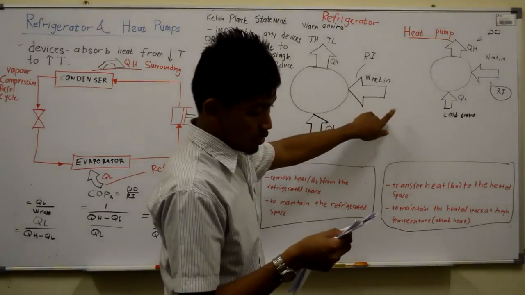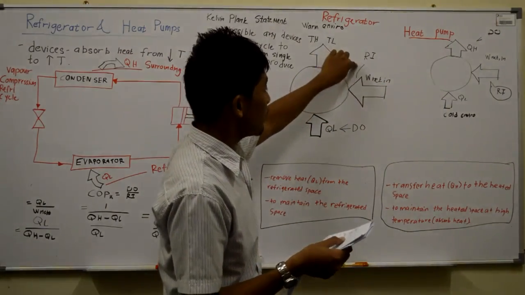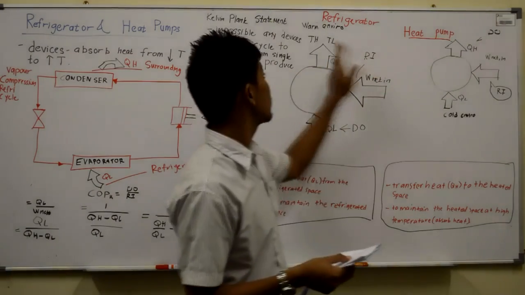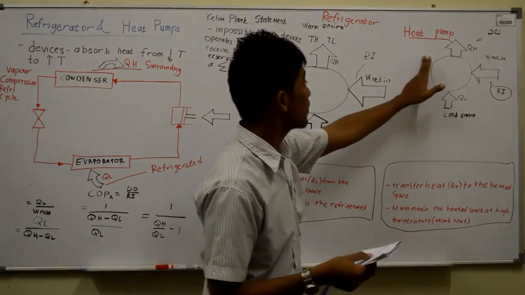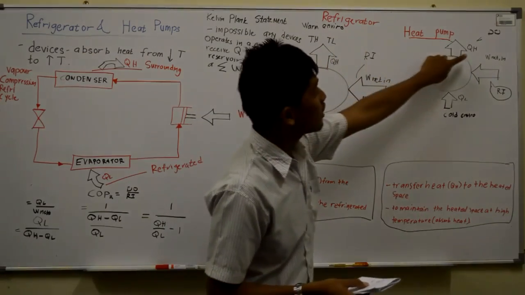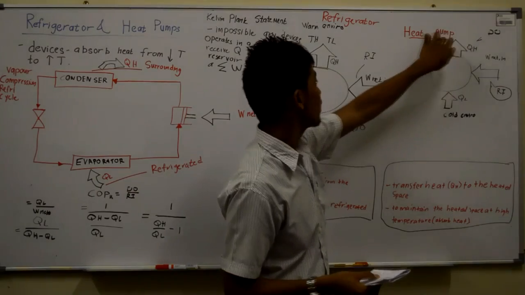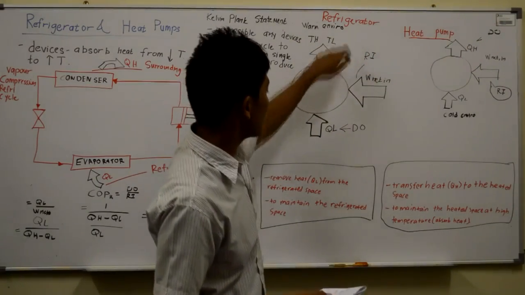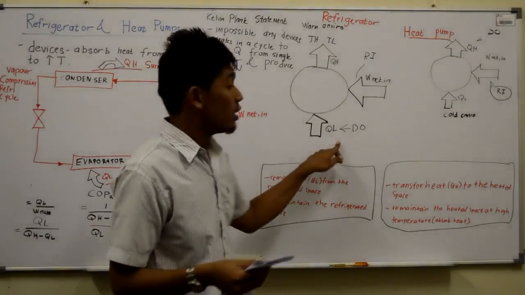So we can see that the required input, the work, is the same for the refrigerator case and the heat pump case, but the desired output for the heat pump is the high heat release, and for the refrigerator it is the low heat.